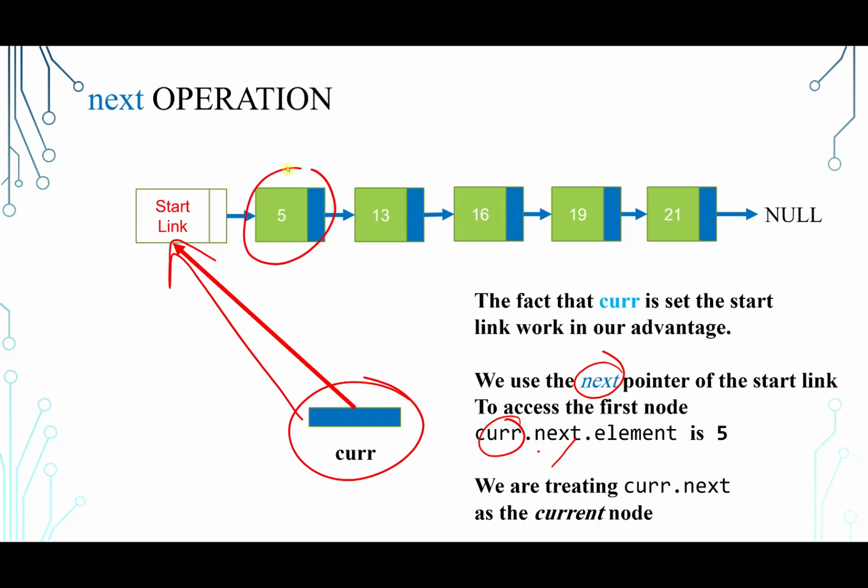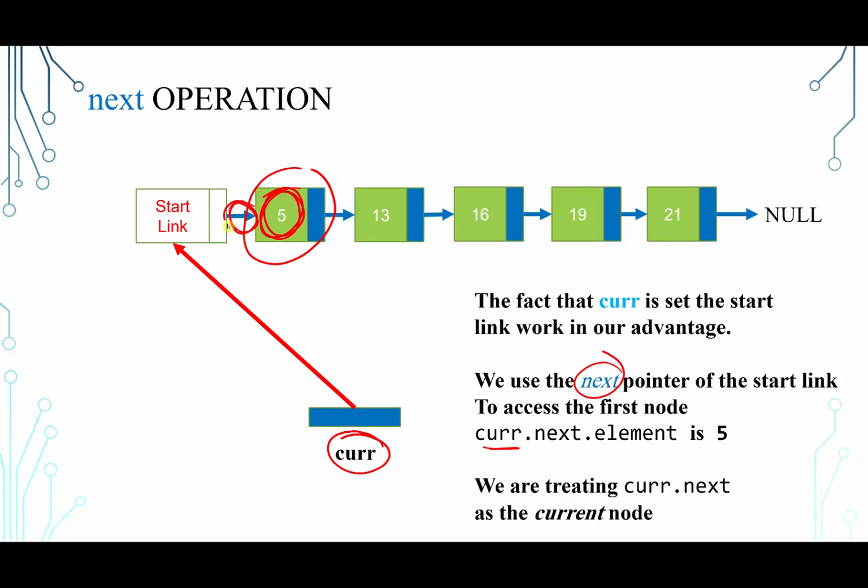If we want to check what is the data inside this link, while current is pointing to the start link, you do current.next, which is this link, then .element. Current.next is actually this node, and .element gives you what is in the node.